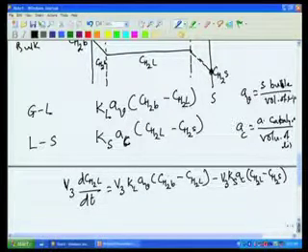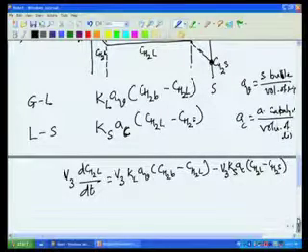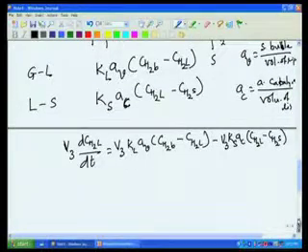So, this is my mass balance equation for the liquid.